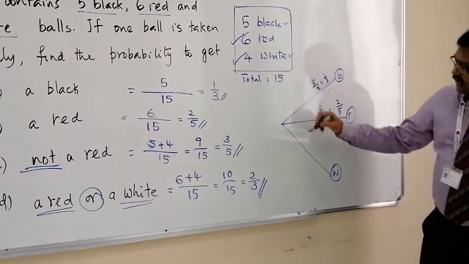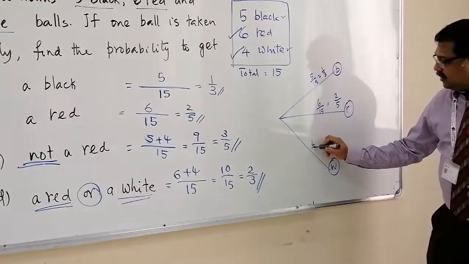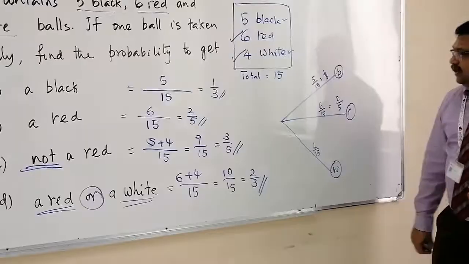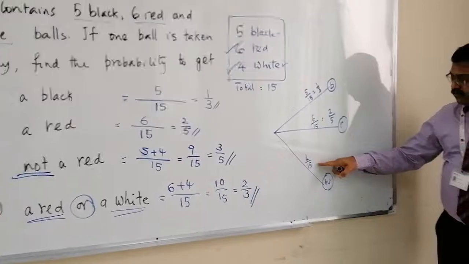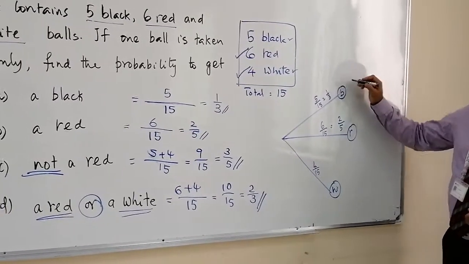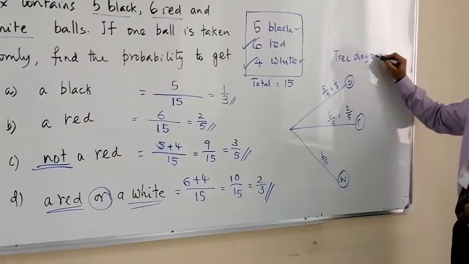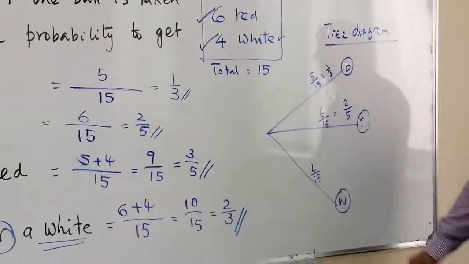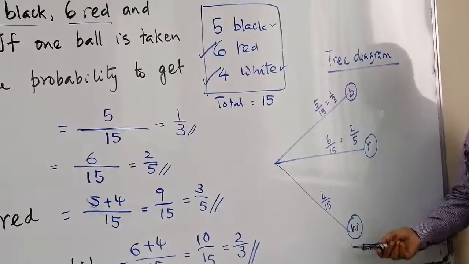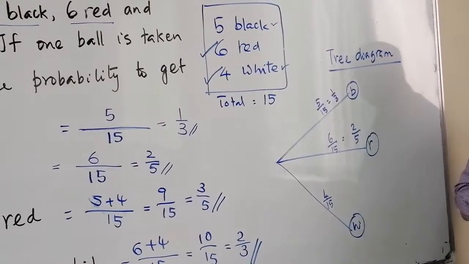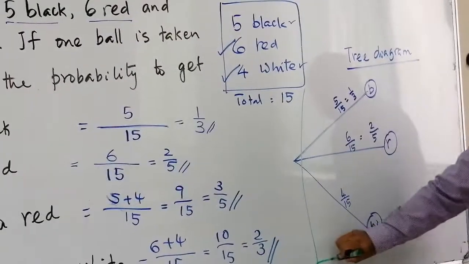How many white balls are there? 4 out of 15. This we cannot simplify. So this we call a tree diagram. When we look for the probabilities, we can write the probabilities from this tree diagram also.